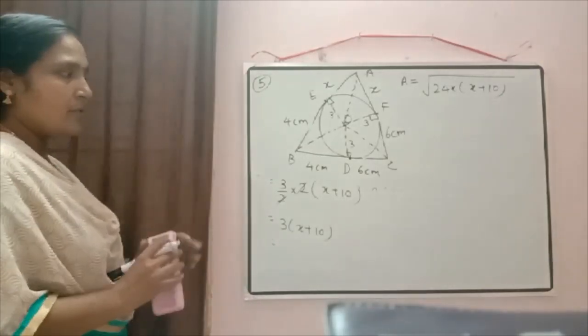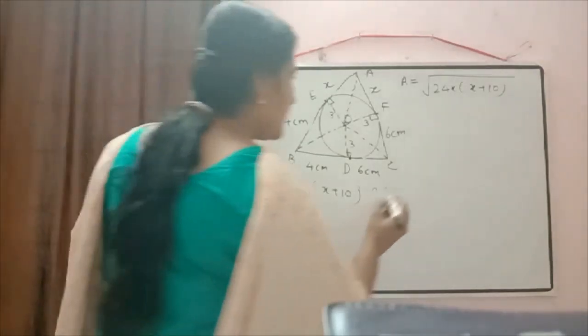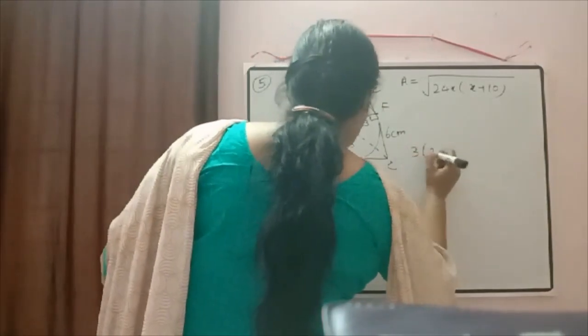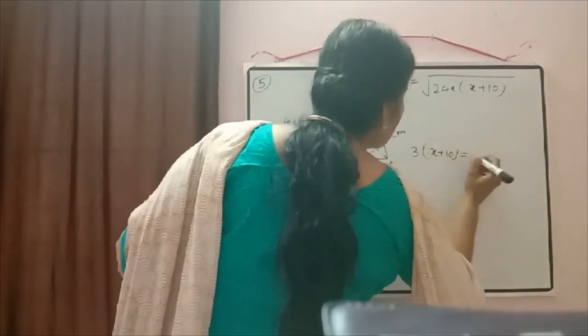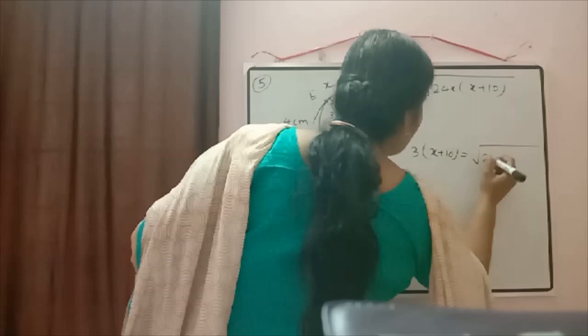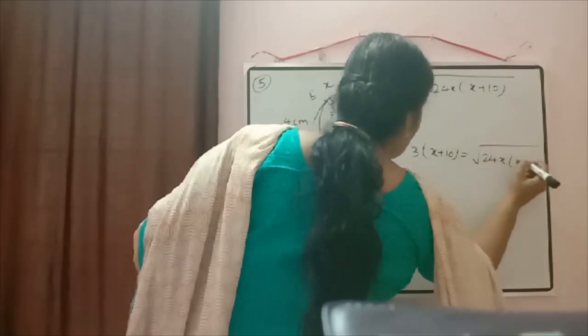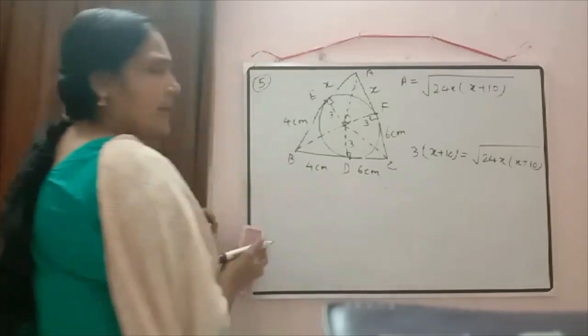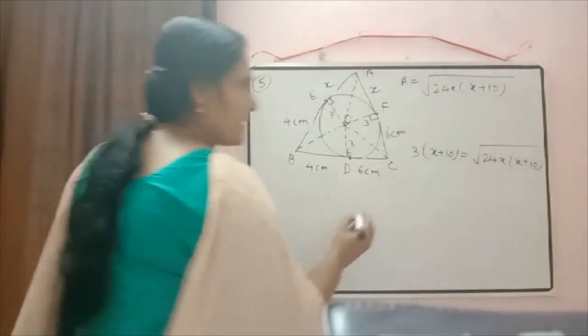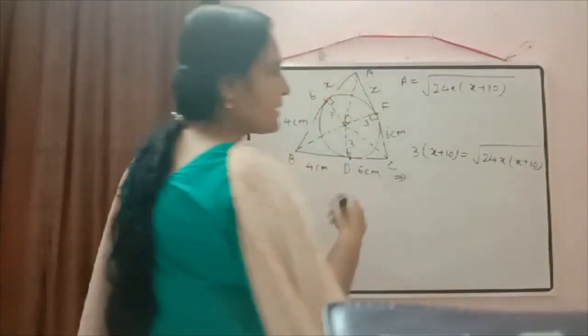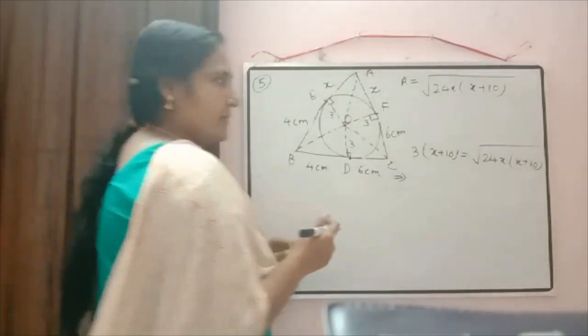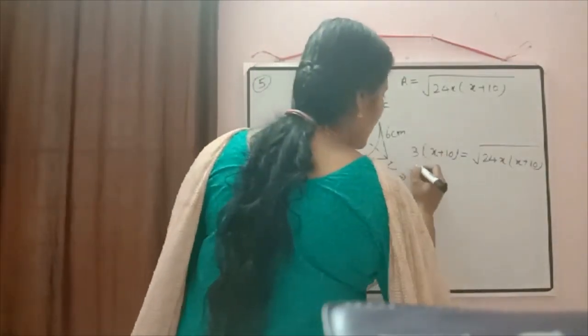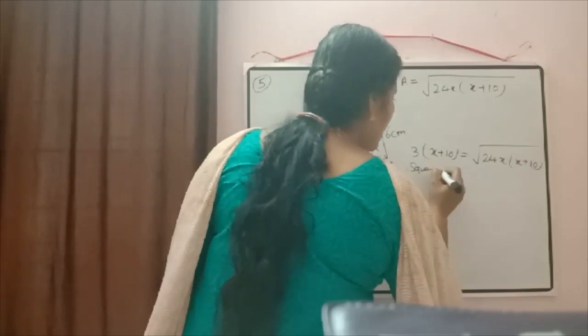Now what will we do? We will equate the two areas. So just write down: 3 into x plus 10 is equal to square root of 24x into x plus 10, because both are the areas of the same triangle. Now to avoid that square root, what can we do? Yes, squaring both the sides.